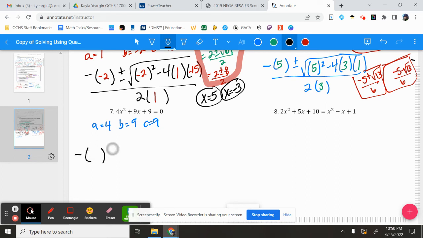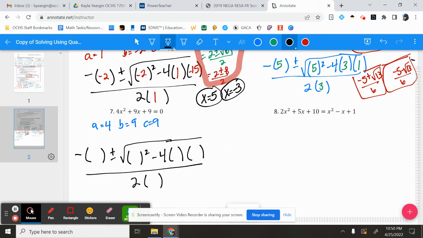Negative b plus or minus square root b squared minus 4 times a times c, all divided by 2a. Well, at this point, we just go back and plug in our values. So b is 9, b is 9, a is 4, c is 9, and a is 4.